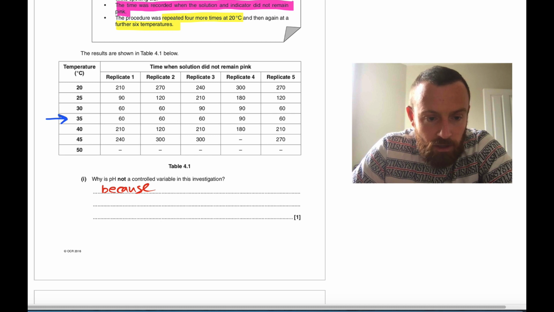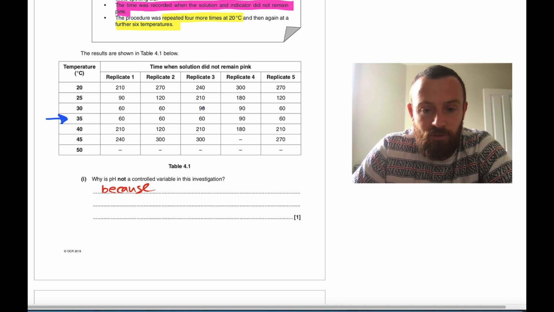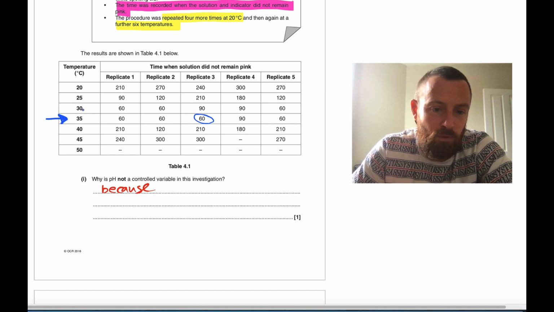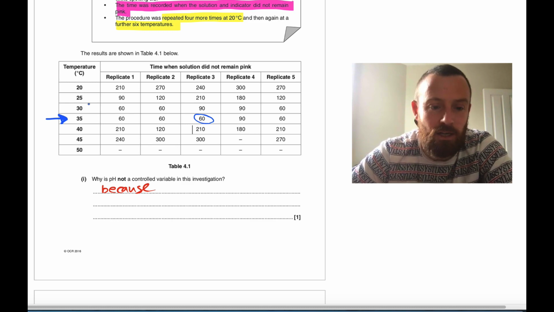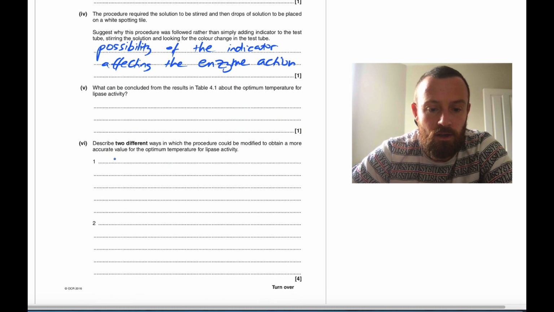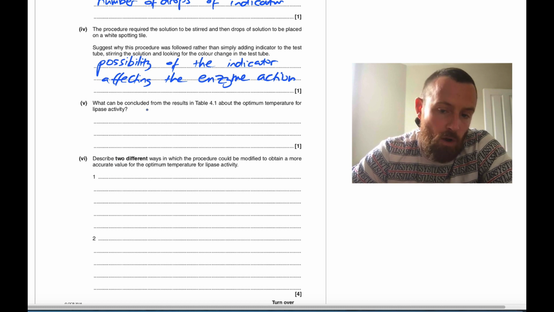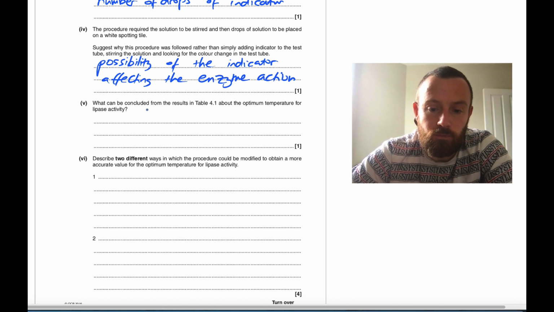It's probably closer to 35 than 30, because most of them are the same for 30 and 35. However, this one is a little bit faster. Maybe that's an anomaly, but it's between 30 and 35, certainly. Probably a bit closer to 35. It's only a 1 mark, so yeah, between those two.